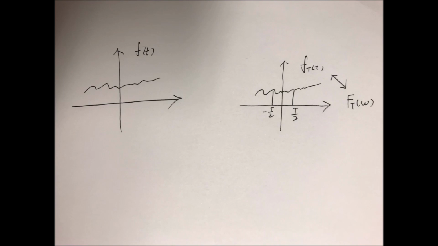We cut length capital T from your original signal, and F_T(omega) is the Fourier transform of this new signal. So rect(t over capital T) is like a scissor cutting a part of your original signal.